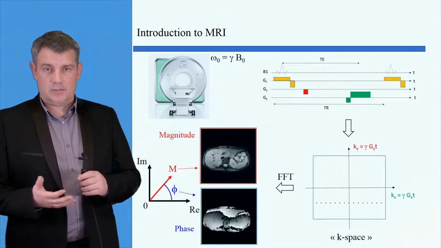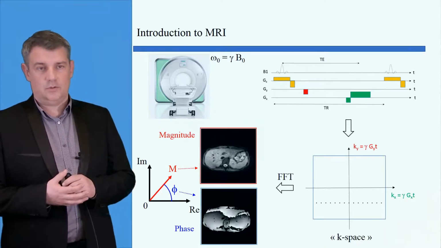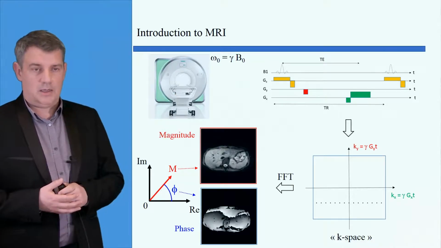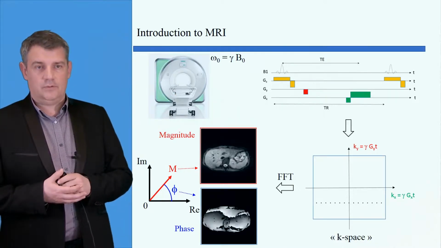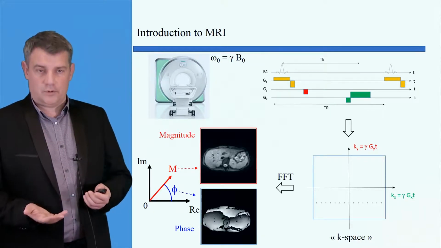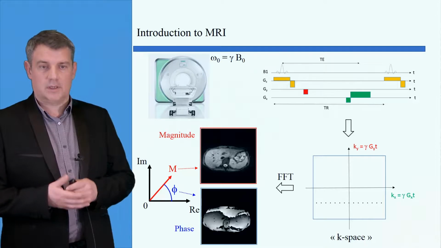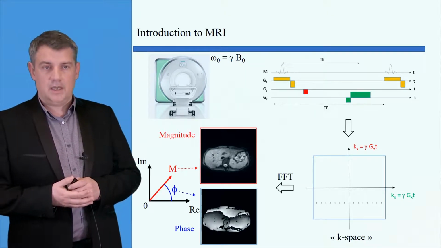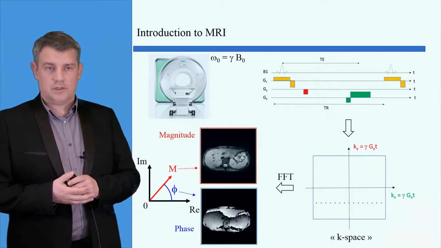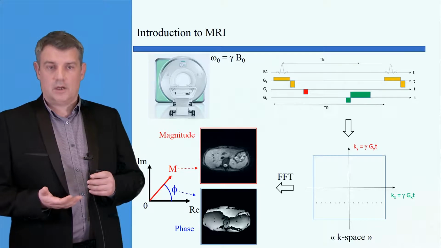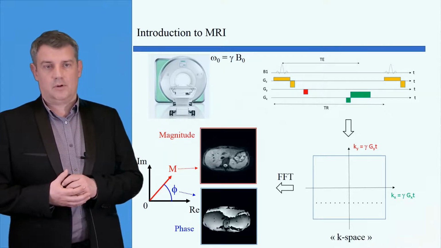So basically, to do MRI you need a magnet. This is an example that you have here. And you acquire images not directly, but through the acquisition of the Fourier transform of the images, which is known as K-space, displayed in the bottom right of this slide. On the top right, you can see the acquisition sequence that shows the timing of the events produced during an acquisition of an MR image.